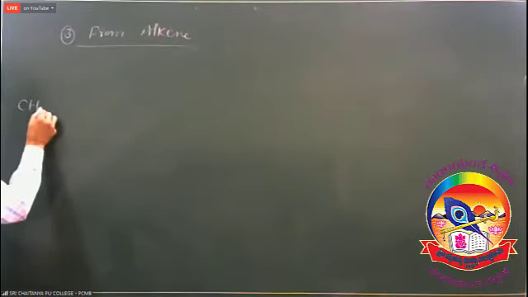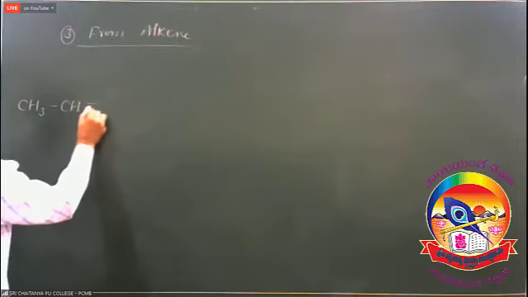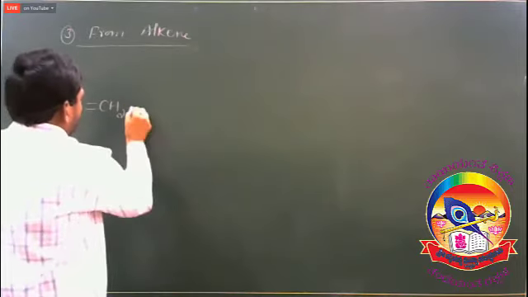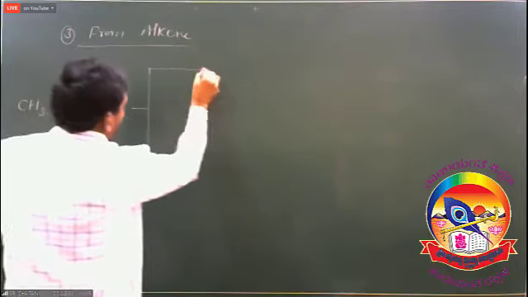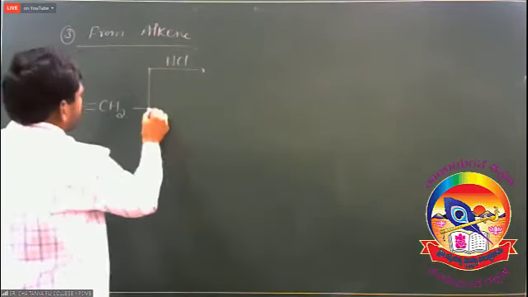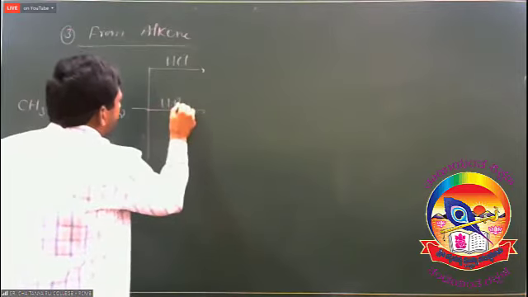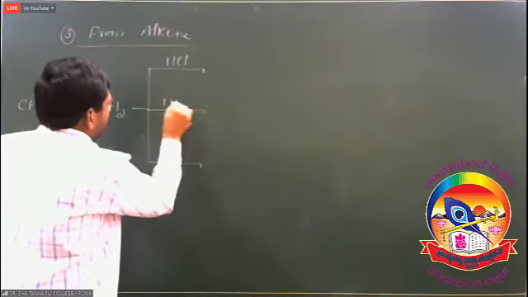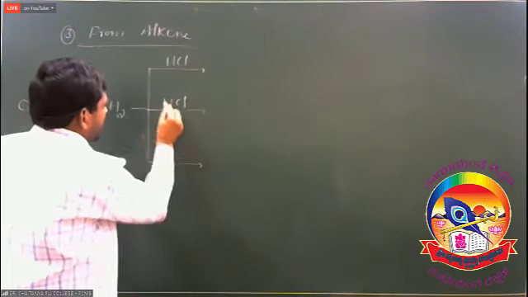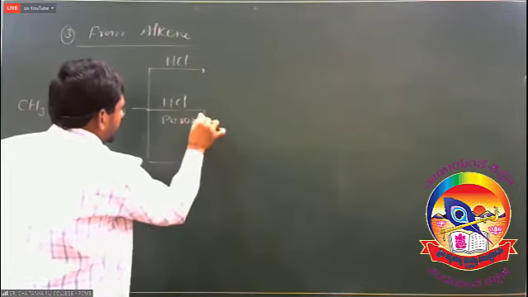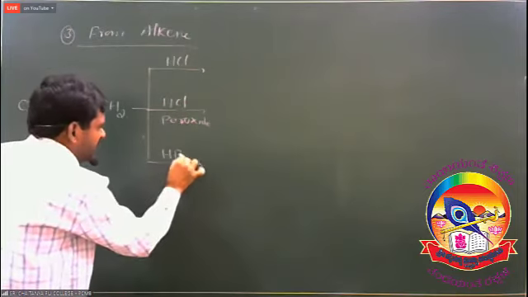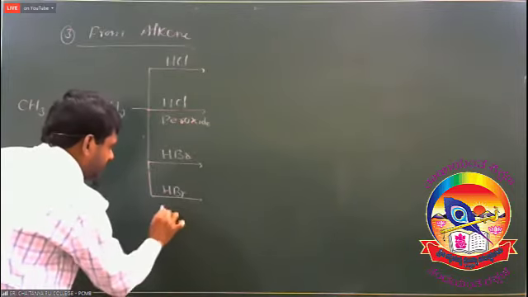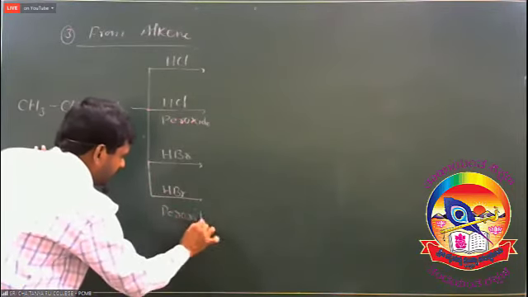CH3-CH=CH2 is an unsymmetrical alkene. When treated with HCl, treated with HBr, treated with HCl in the presence of peroxide, and next, treated with HBr in the presence of peroxide.